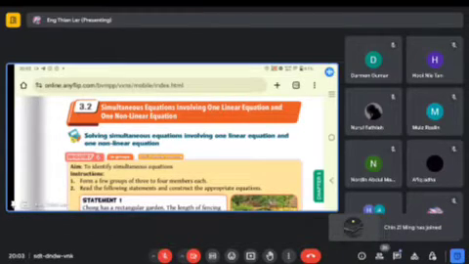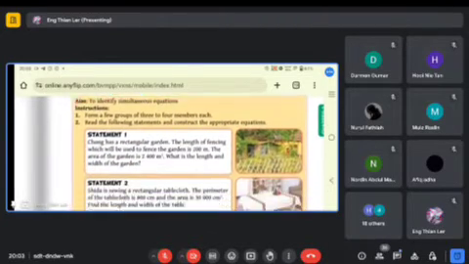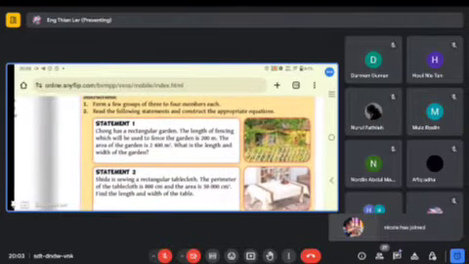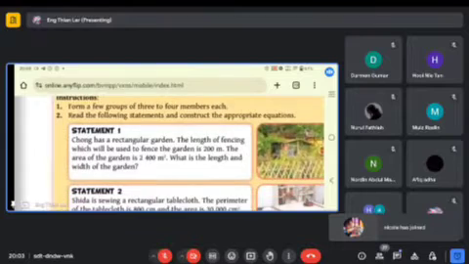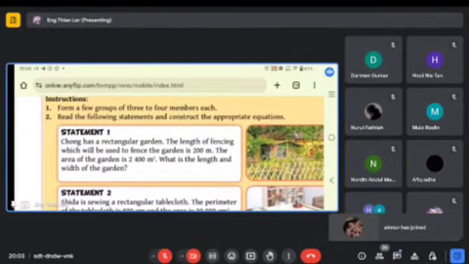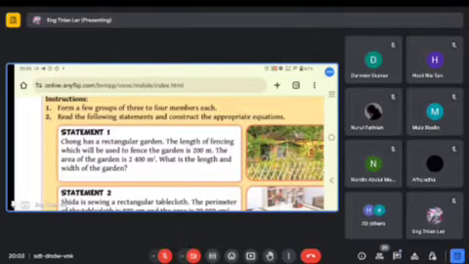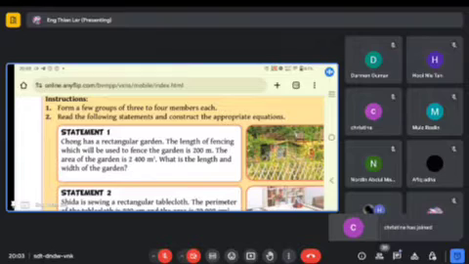For nonlinear equations, if the question asks, we will mostly use the substitution method. For example, we check statement 1. Chong has a rectangular garden. The length of the fencing used to fence the garden is 200 meters. The area of the garden is 2,400 meters squared. What are the length and width of the garden?